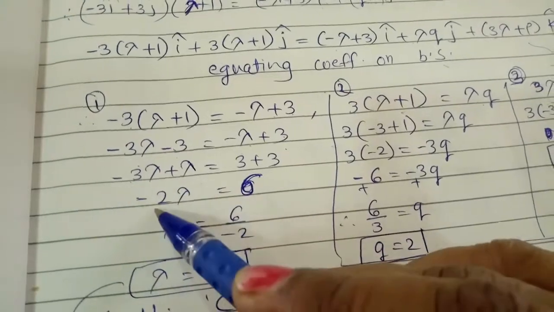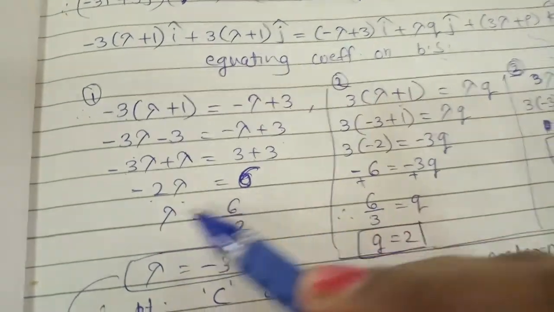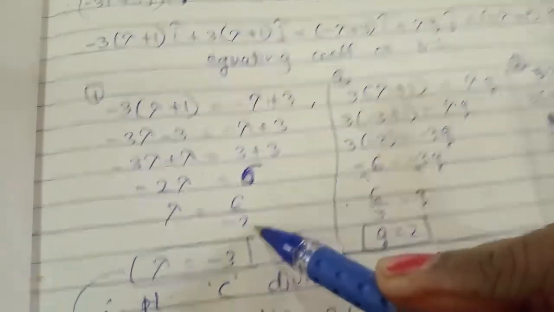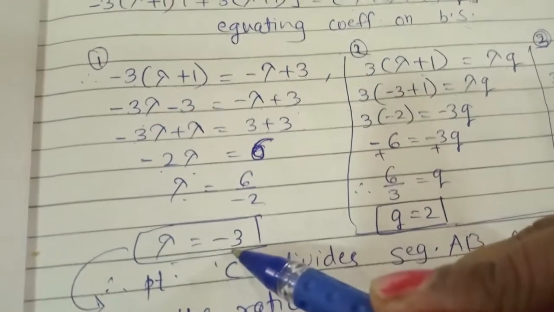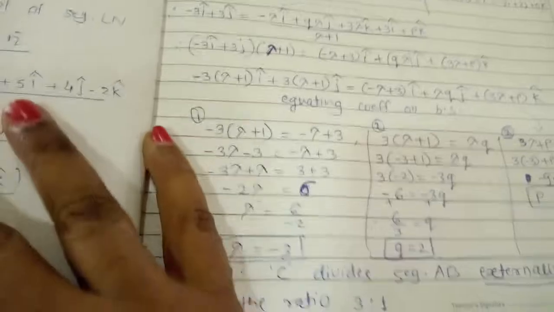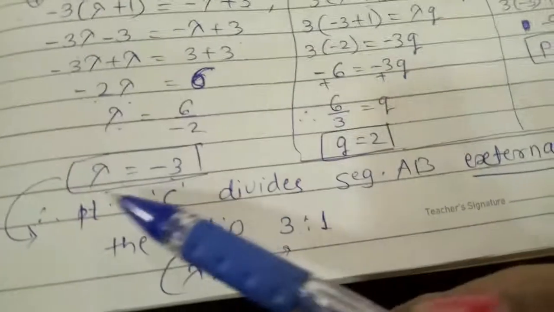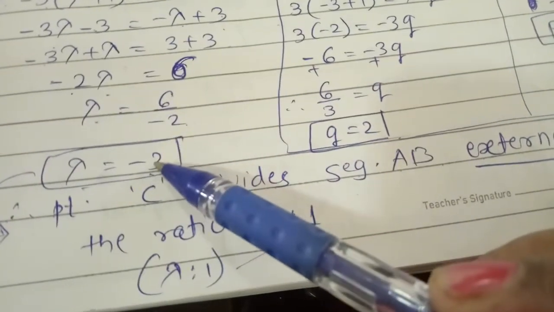So the answer of this one is -2λ = 6. So λ = 6 upon -2. So the answer of λ is -3. So here we get the value of λ is -3.